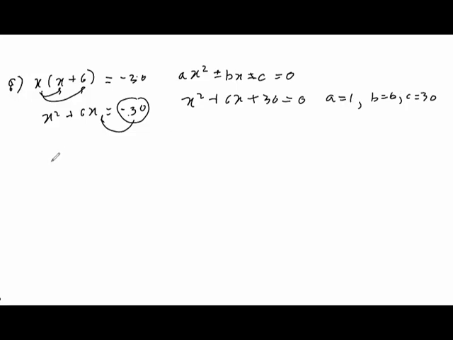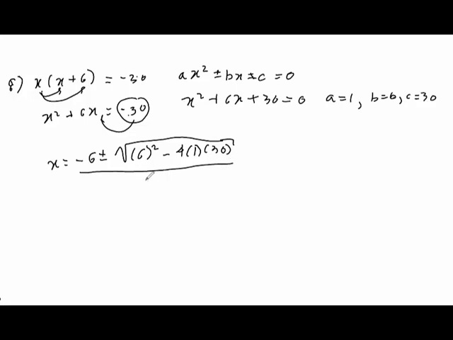So our quadratic formula is x is equal to negative b, and we have b is equal to 6, so that's negative 6 plus or minus square root of 6 squared, minus 4, a is 1, and c is 30, all over 2a, where a is equal to 1.